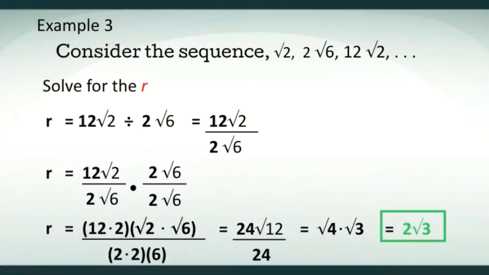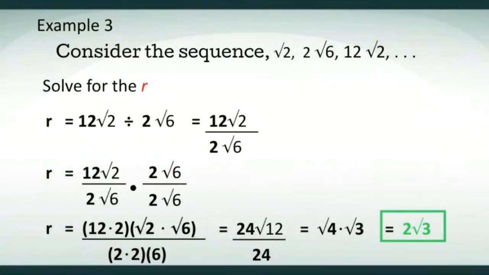Since square root of 4 is a perfect square and the answer is 2, what remains in the square root is 3. So you put them together. Your final answer is 2 square root of 3. Follow? Any question? No more questions?